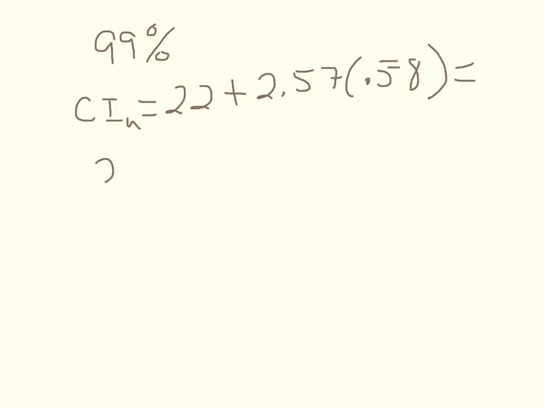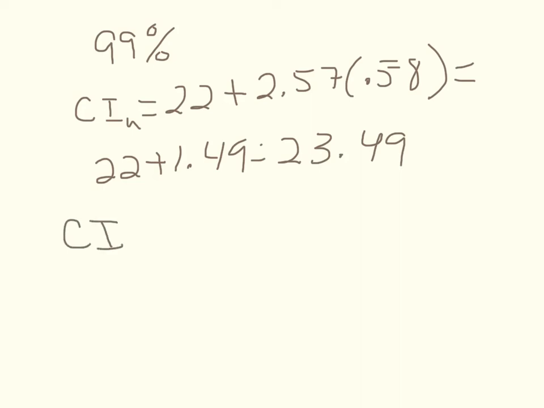And so you're going to have 22 plus 1.49, which equals 23.49. And so then for our lower, we're going to have the mean, 22, minus z, which is 2.57.